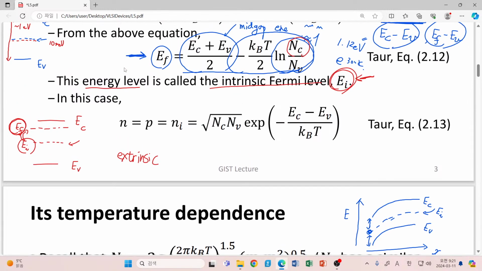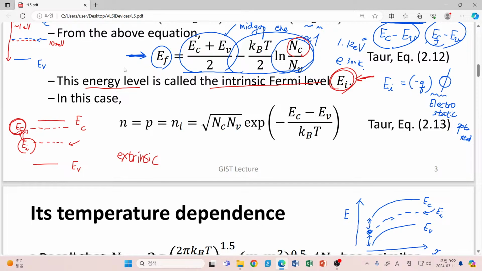In that sense, I want to add a little bit more discussion. Typically, when we have a certain electrostatic potential, sorry about that, this electrostatic potential is actually pointing out our intrinsic Fermi level.